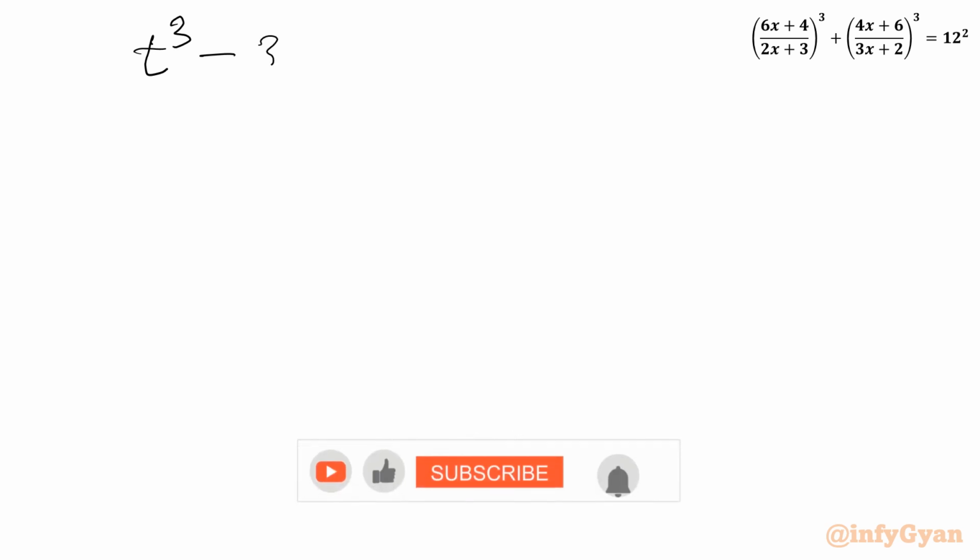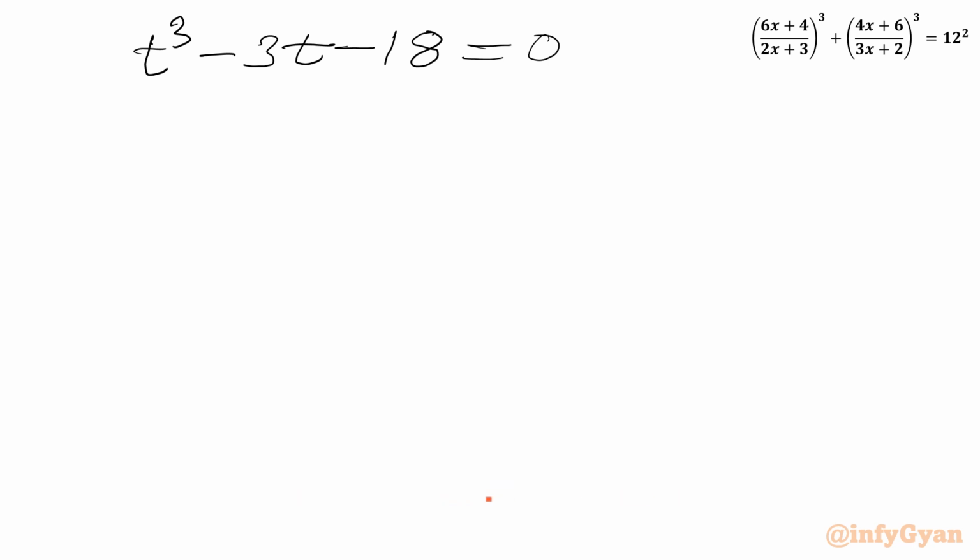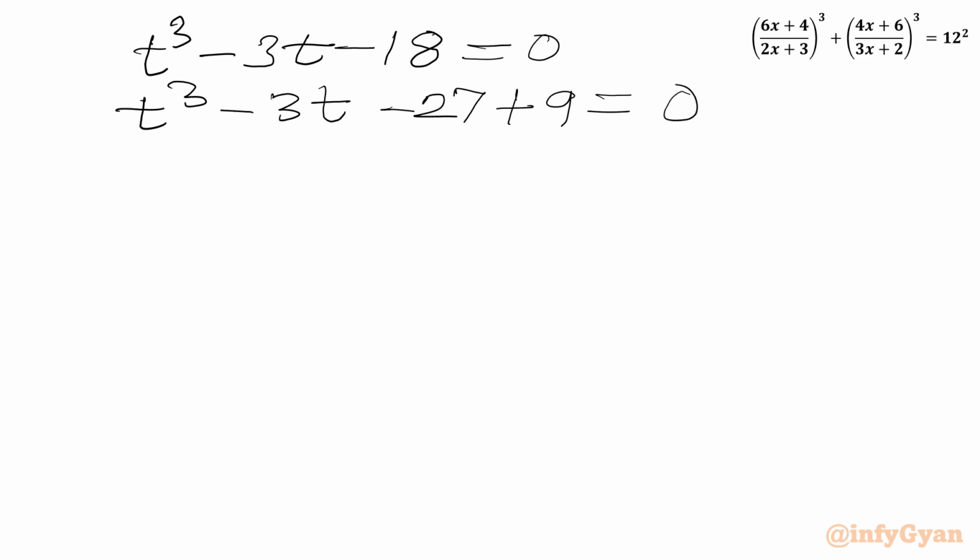So our cubic equation was t cube minus 3t minus 18 equal to 0. Now I will split minus 18. So I will write minus 3t minus 27 plus 9. This is minus 18. So we can write t cube, 27 I can write 3 cube, then minus 3t plus 9.